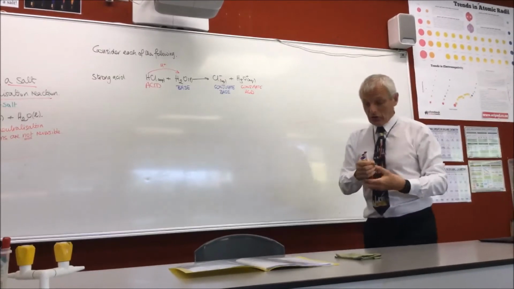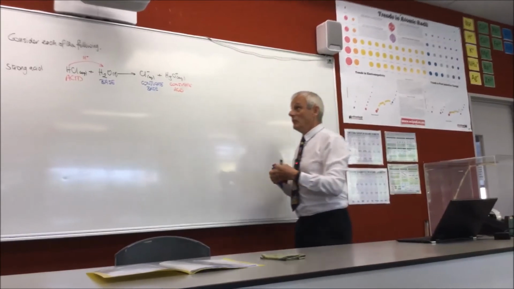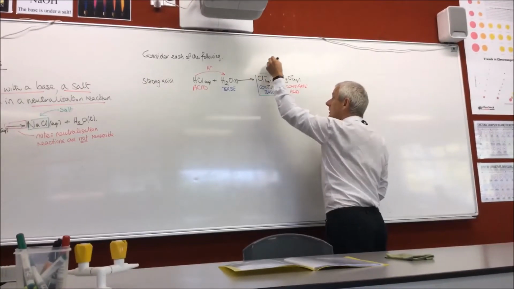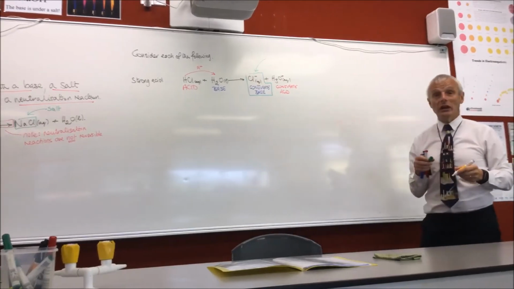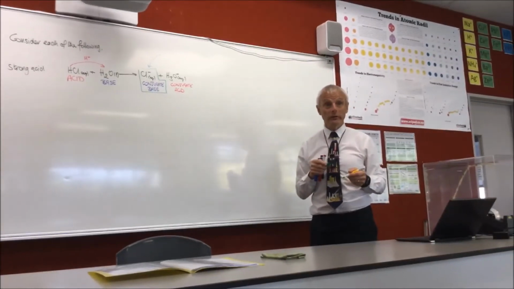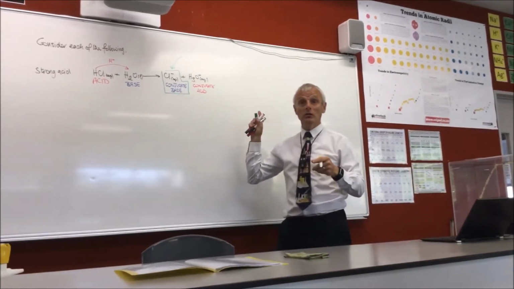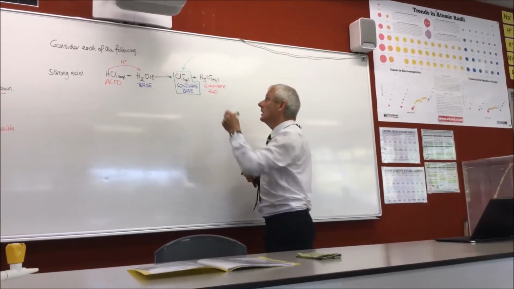If you look at the conjugate base of a strong acid, it's always unreactive towards water. It doesn't react with water. That's why this is a one-way street.